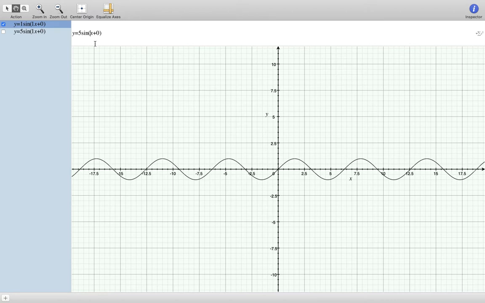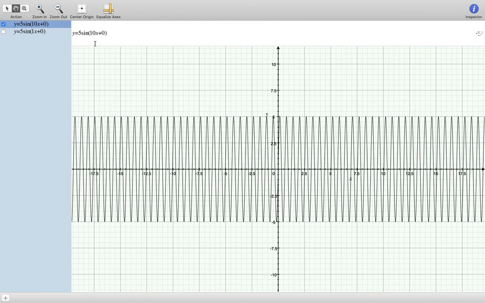So here my time is the x variable right here, and I want to change the angular frequency of it to 10. So remember, angular frequency is 2 pi f. So I'm going to change the 2 pi f value, which was 1. Now I'm going to change it to 10. So now you see this periodic waveform becomes very fast. So the frequency just became higher.